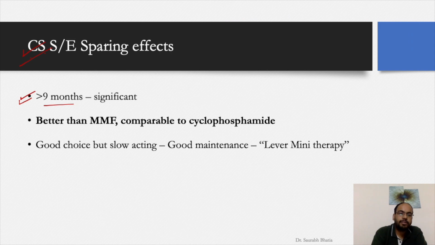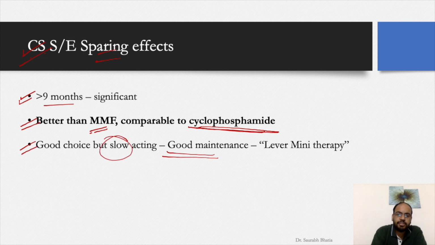And this corticosteroid sparing effect has been found to be better than mycophenolate mofetil and comparable to cyclophosphamide. The only advantage is that these drugs are somewhat quicker acting as compared to azathioprine, and it's better to initiate remission using these two drugs and then maintain that using azathioprine. So azathioprine is a very good choice, but it is slow acting, so it's a good maintenance agent.